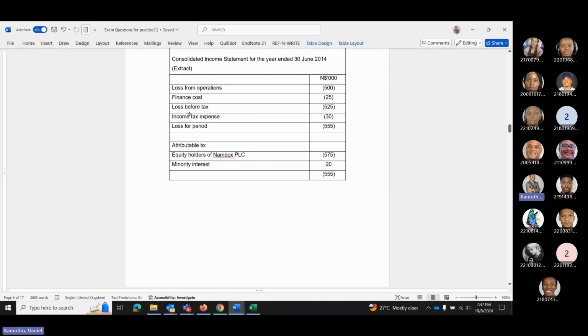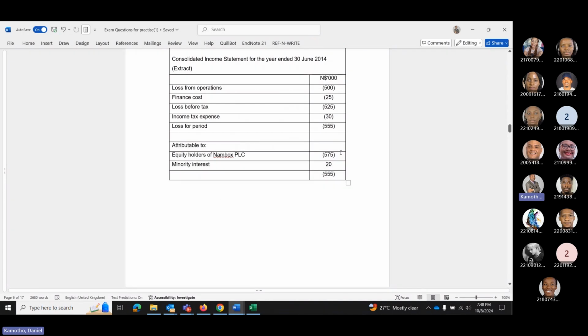This is what we always said, we work from profit before interest and tax, because interest and taxes are added separately, then we adjust for movement. But in terms of the profit attributable for the year, we know how much profit was attributed.